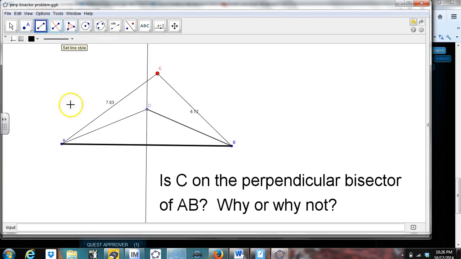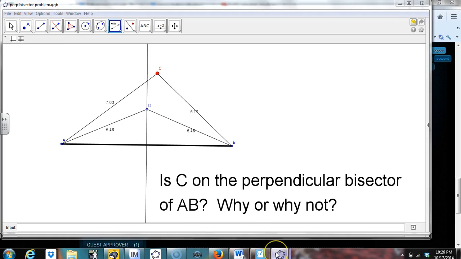That triangle that's formed is going to be isosceles, right? And those distances are going to be the same. So be able to just understand equidistant points. Equidistant to the endpoints is going to be on that perpendicular bisector. If not, it's not on the perpendicular bisector.